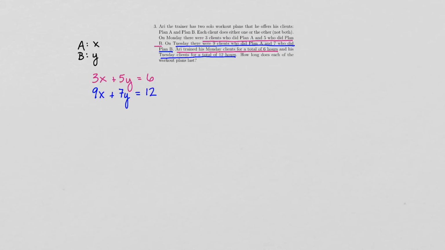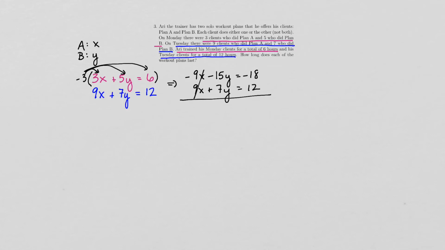And so now again, here I have my system of equations, and I'm just going to multiply one of the equations by something to hopefully get rid of stuff. So if I multiply this top equation by -3 and distribute it, I can get rid of the x's. So this gives me -9x minus 15y equals -18. And 9x plus 7y equals 12. If I add these together, the x's go away.